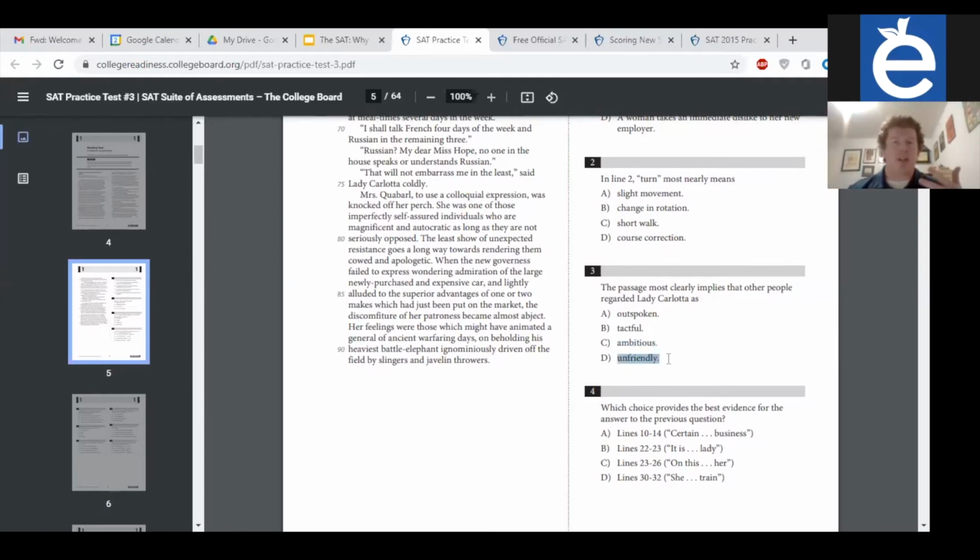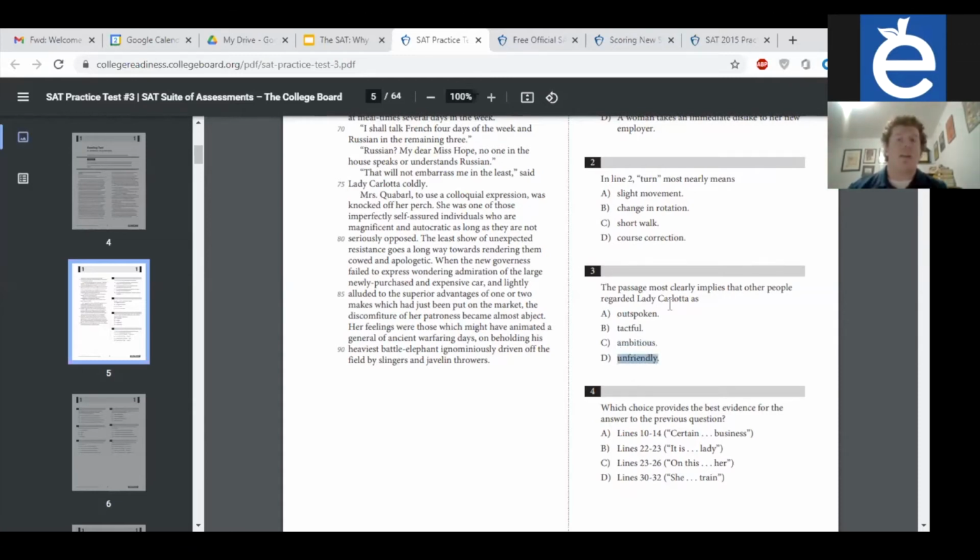Ambitious and unfriendly would apply, but they are a little bit more specific. So ambitious means she's trying to achieve something. She's a ladder climber, something like that, where she is trying to achieve certain goals. Unfriendly would mean she's specifically unfriendly to certain people. And from that passage, we can't see evidence to support either C or D.